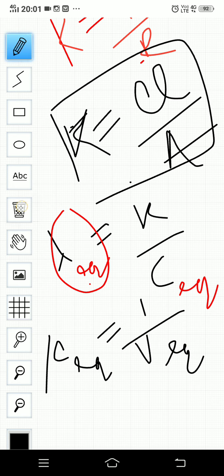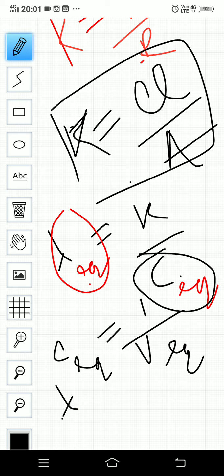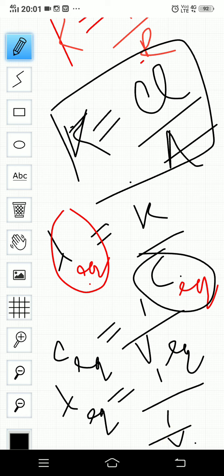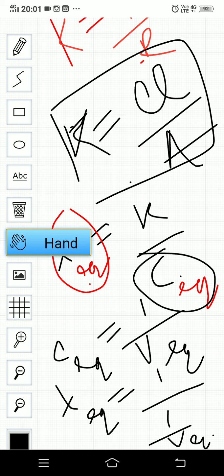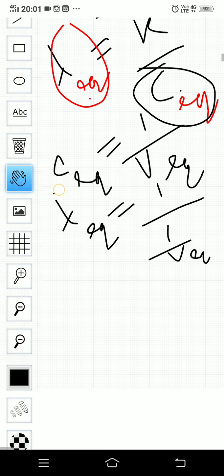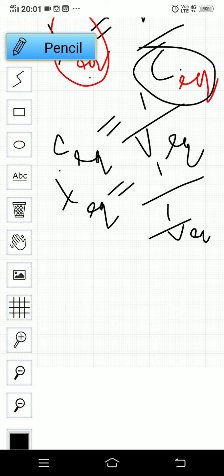So since C equivalent is equal to 1 by V equivalent, I can write the next line as, I'll put the value of C in this place. So I'll get lambda equivalent is equal to K by C equivalent, and in place of C I'm putting 1 by V. So what I'll get here, since it is already 1 by C, it gets upward.